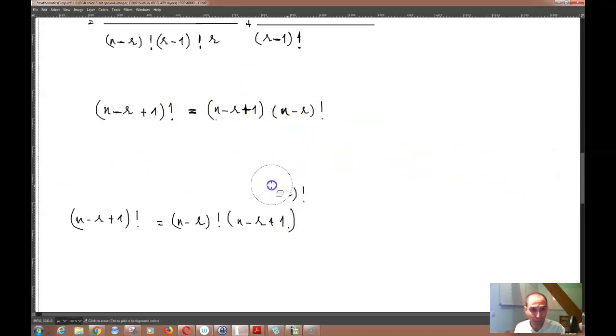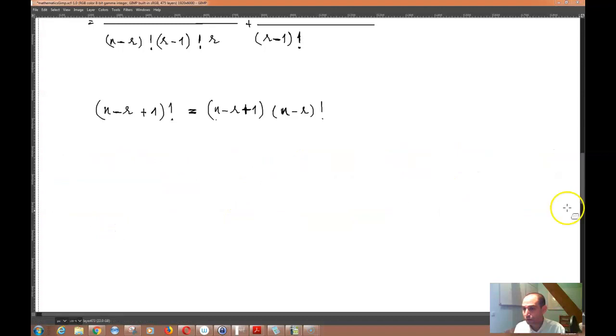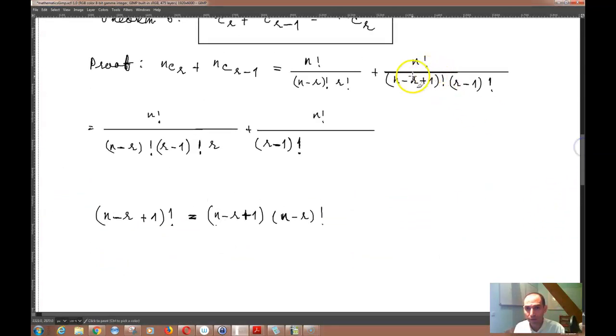So that means that n minus r plus 1 factorial, you can write as n minus r factorial times n minus r plus 1.